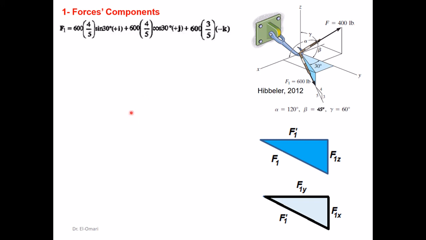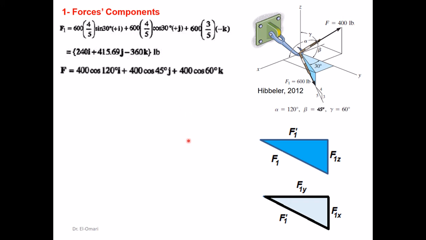So finding those, or writing in this form, then we can just represent this force in its Cartesian vector form after doing the multiplication, and notice always the negative sign of that force.